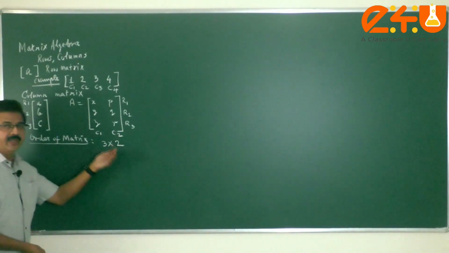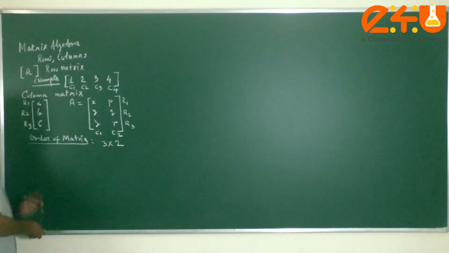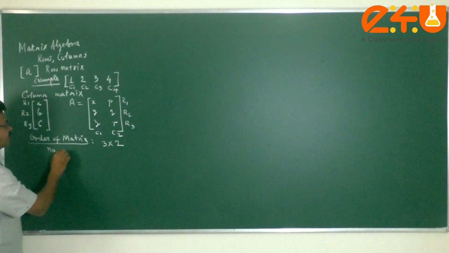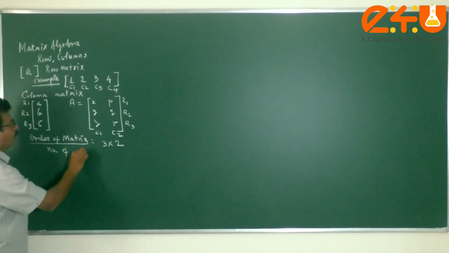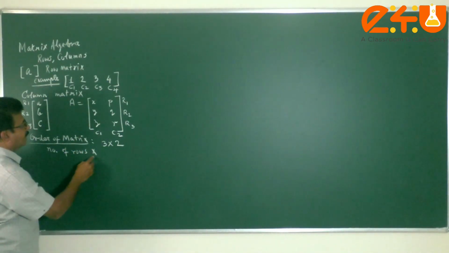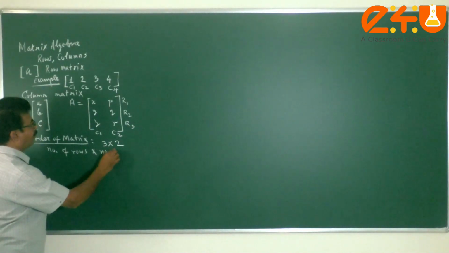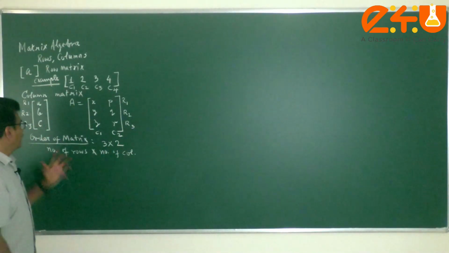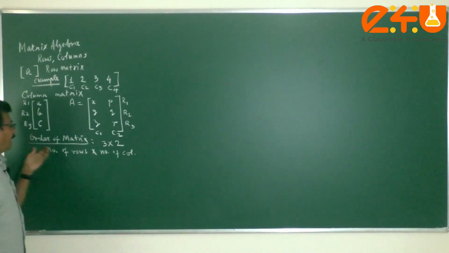We read it as 3 by 2. That is called the order of the matrix, in which we write the number of rows, followed by the symbol, followed by the number of columns. This is the way we write order.